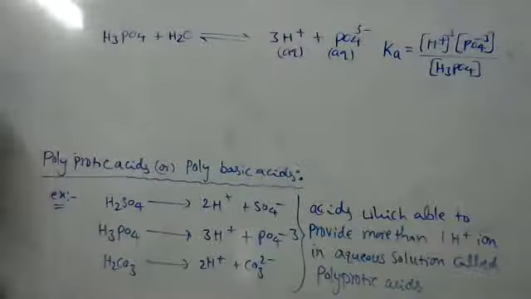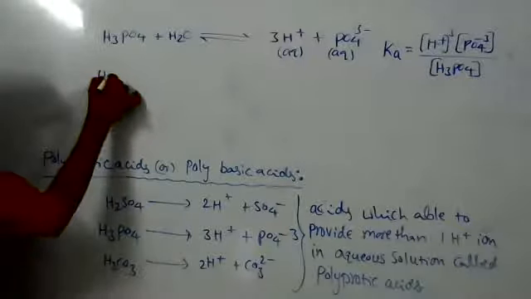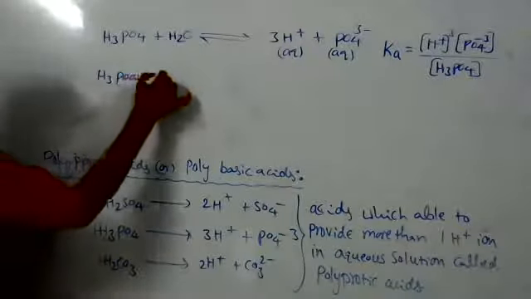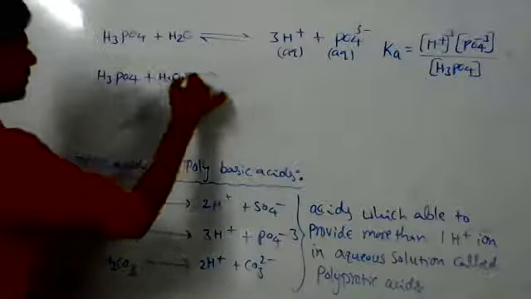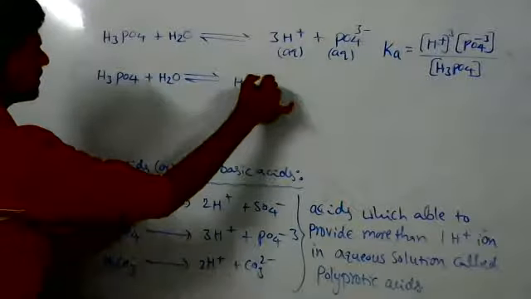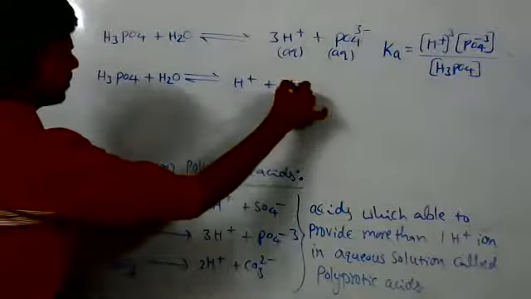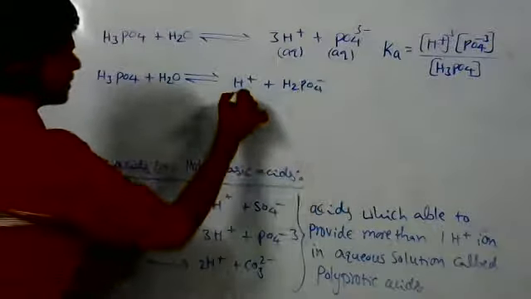Now stepwise. H3PO4 plus H2O gives H+ and H2PO4-.